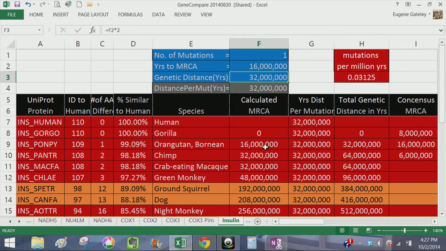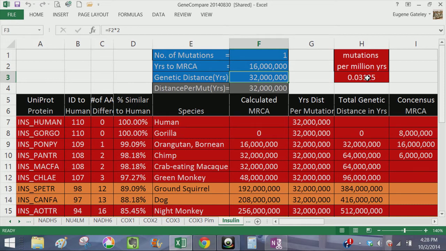Next, of course, orangutan, chimpanzee, and we have calculated the genetic distance basically to a common ancestor or between species, according to evolution, where if, let's say, between human and chimp, if you have 6 million years to a common ancestor, then there's 12 million years distance. So then you take the number of mutations in 12 million years, and then you see how many mutations would occur per million years, and that's how I get this number over here.